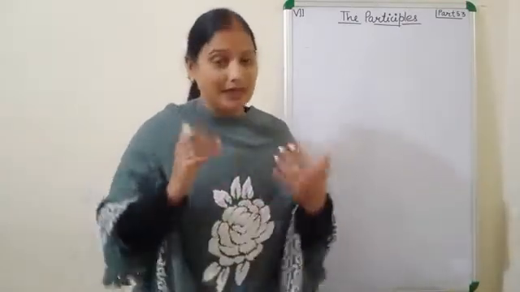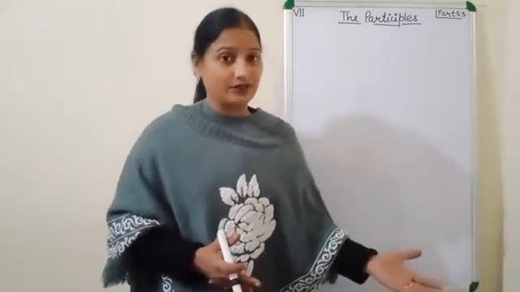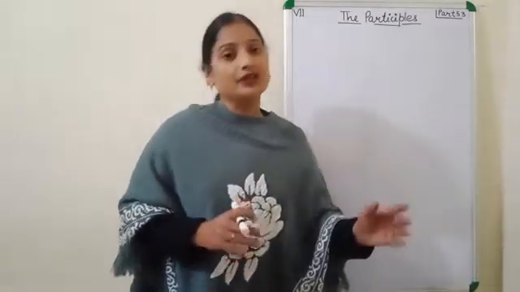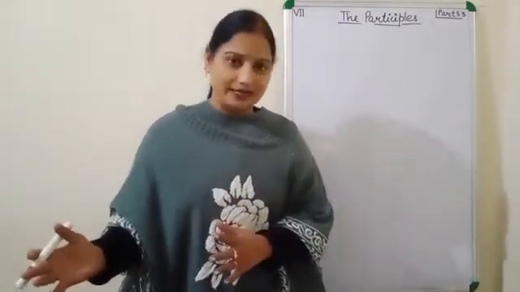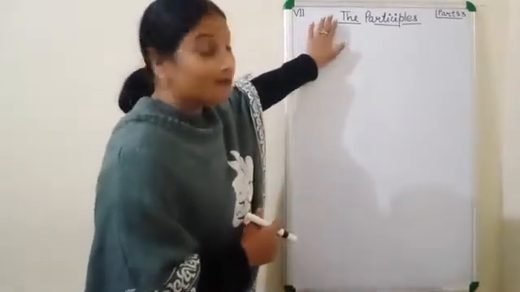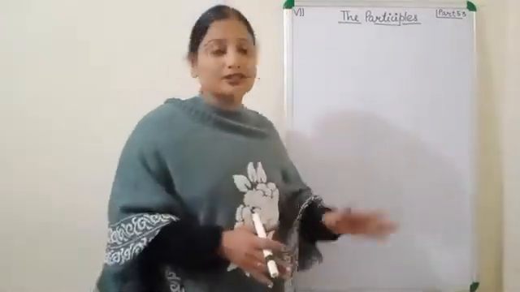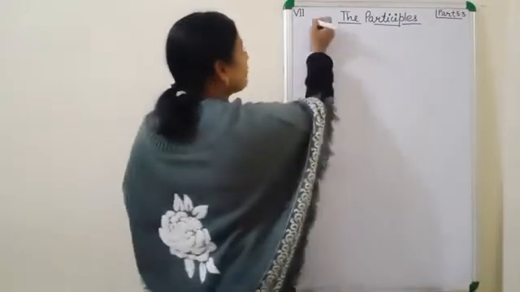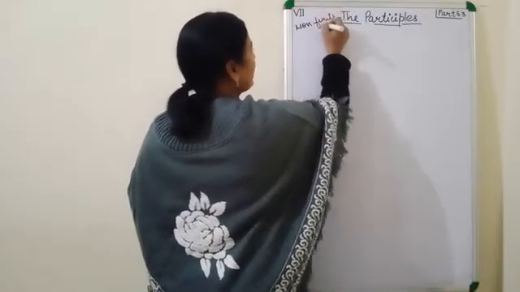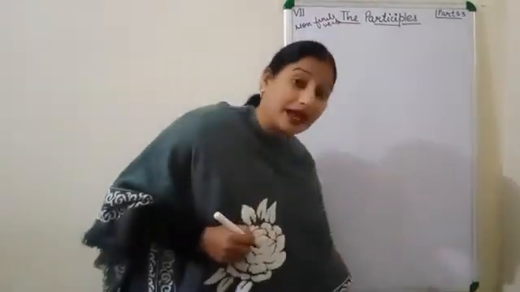Sometimes they behave like a noun and sometimes like an adjective. In that situation, we will not call them a verb, we will call them non-finite. The participle is the second important non-finite verb.